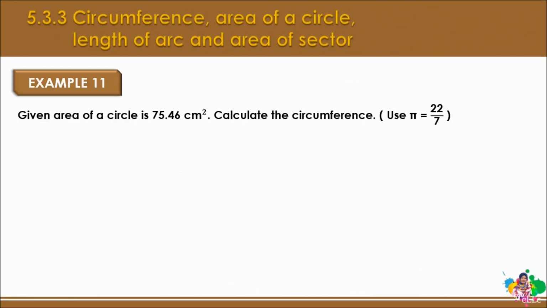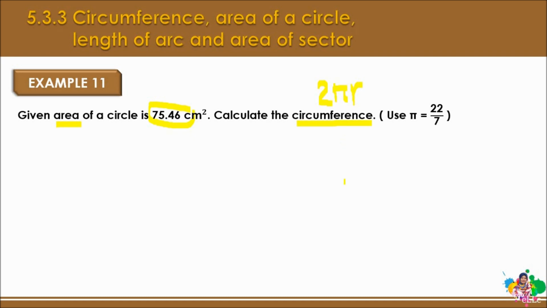Alright, now example 11. Given area of circle is 75.46 cm square. This one is the area. Calculate the circumference. Just the same as example 10. Circumference is 2 pi r.